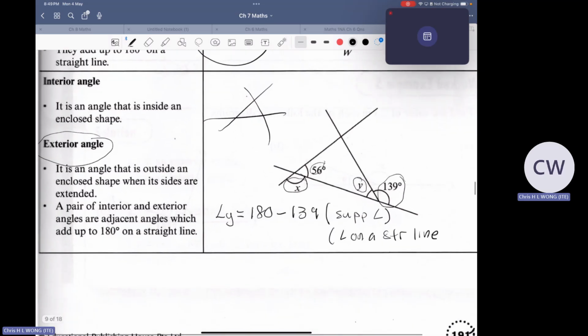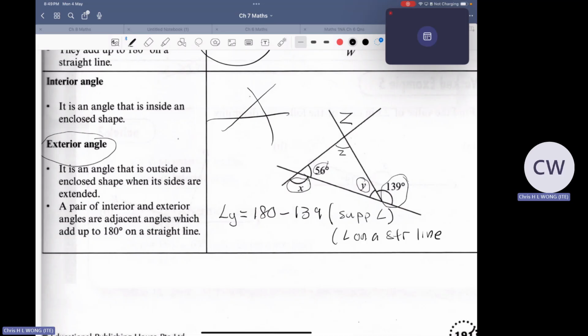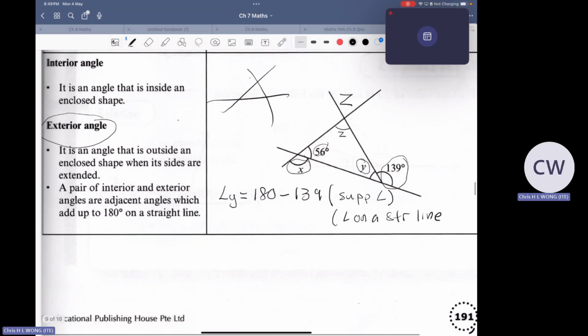But if I say, this is 56, what is angle y, angle z? I put a capital Z there. So what is angle z? Now I'll give you the reason. There's a new reason here which is not inside there, but you must know.